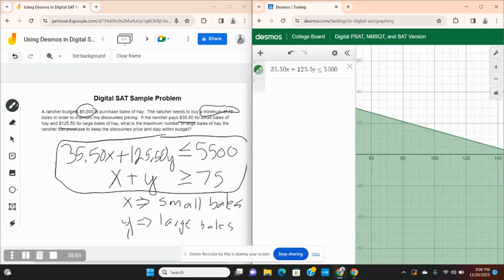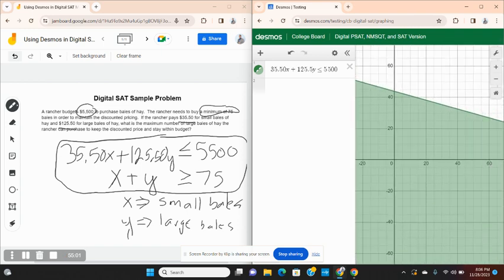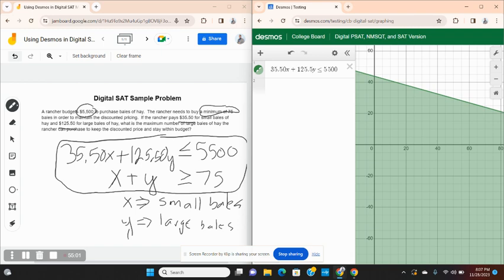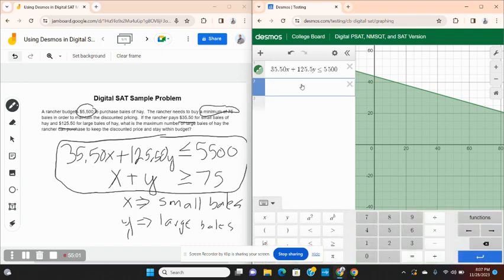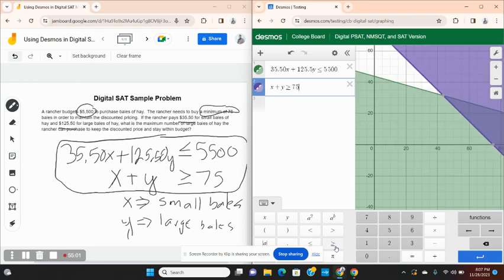But the question was to find the maximum number of large bales of hay and stay within budget, but also still get the discounted price. So in order to get the discounted price, remember, x plus y had to be greater than or equal to 75. So we put in greater than or equal to 75.